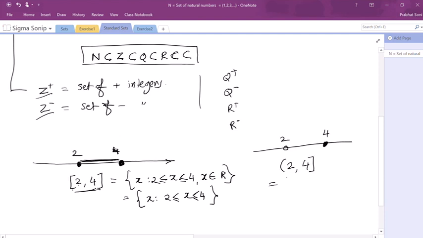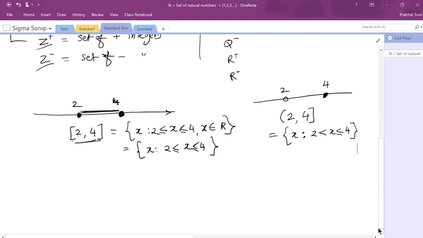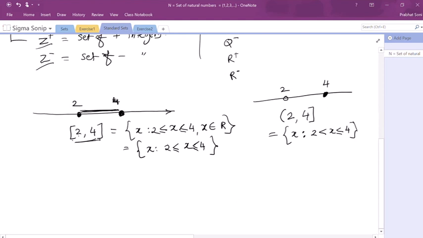And this set, if you want to write it, is x such that 2 is less than x and x is less than or equal to 4, and you don't need to mention that x is a member of R, although many times I prefer to do it as a matter of habit. I normally write the set definition as well as the domain, the set in which x falls.